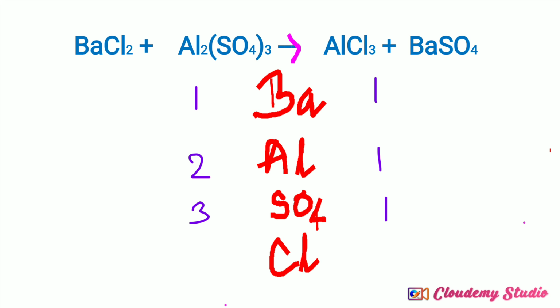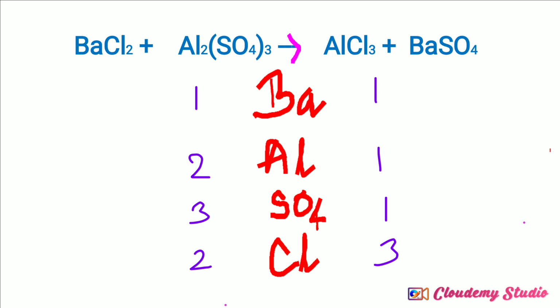Chlorine at the left hand side two times. Chlorine at the right hand side three times. When we check aluminium atom at the left hand side two times, but the right hand side only one time.